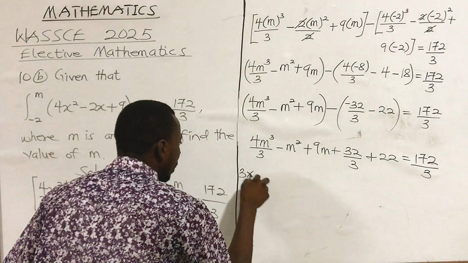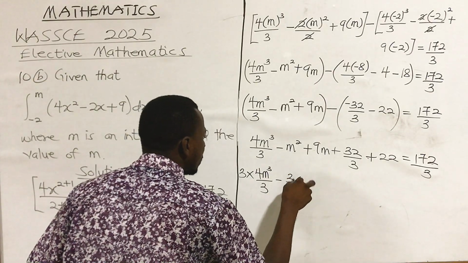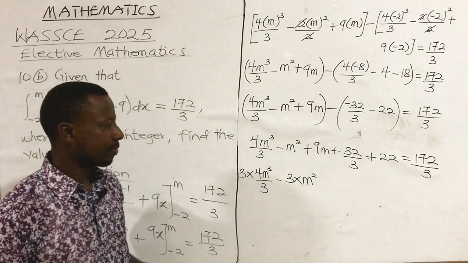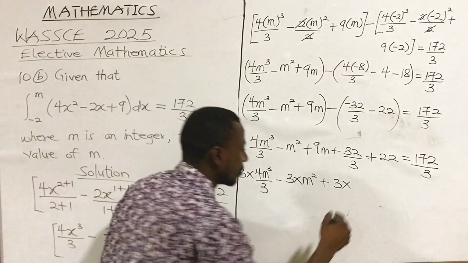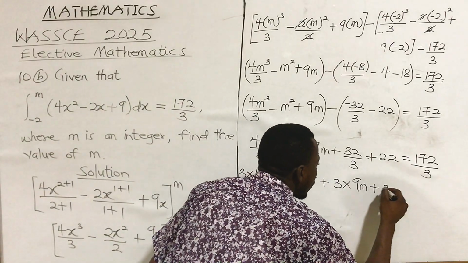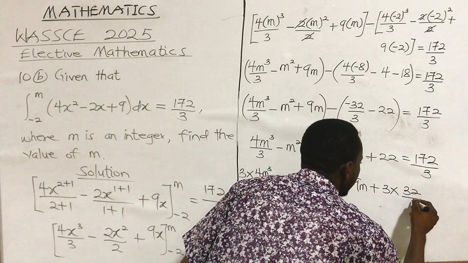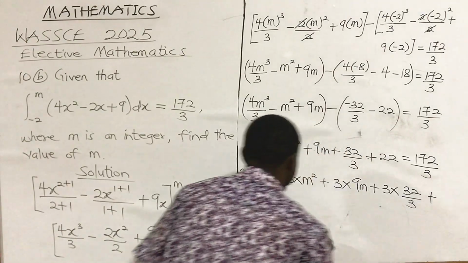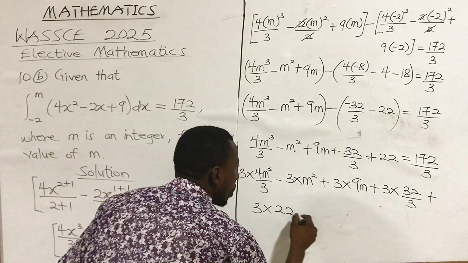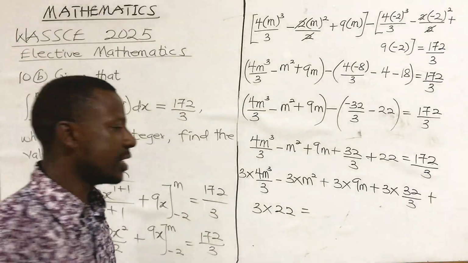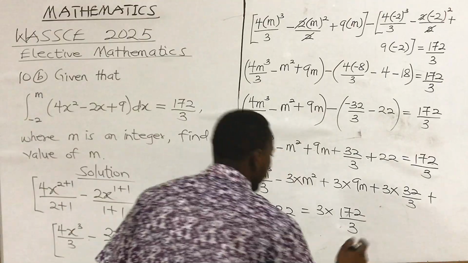So we have 3 times 4m cubed over 3, minus 3 times m squared, plus 3 times 9m, plus 3 times 32 over 3, plus 3 times the next one, 22, is equal to 3 times 172 all over 3.